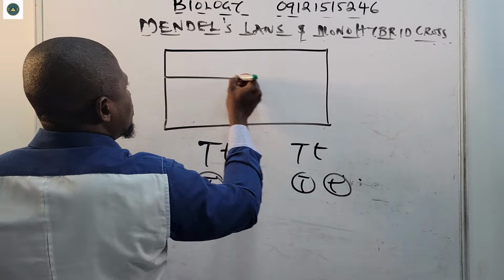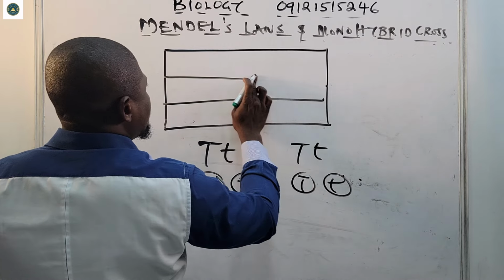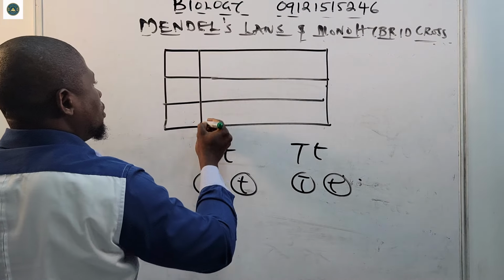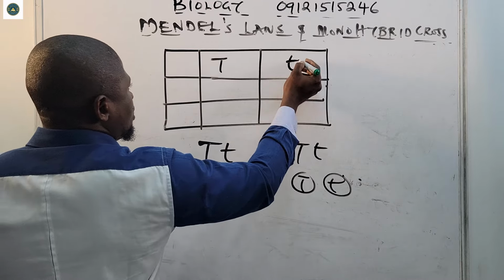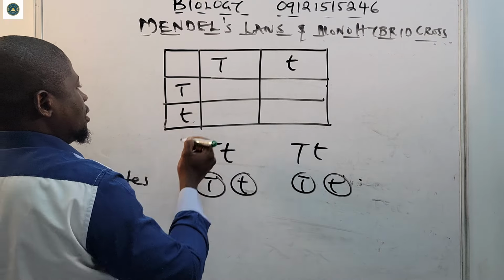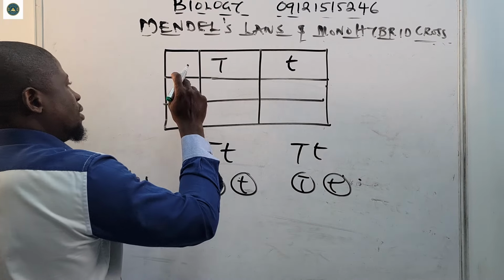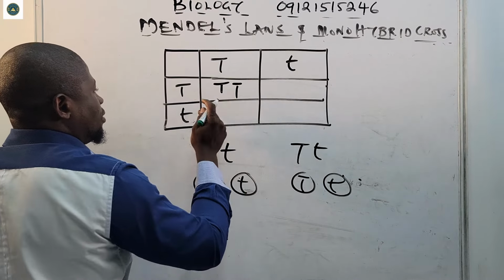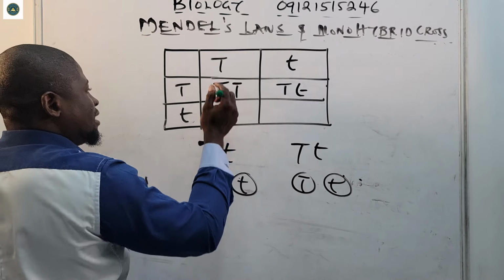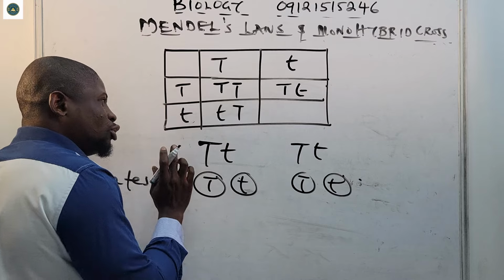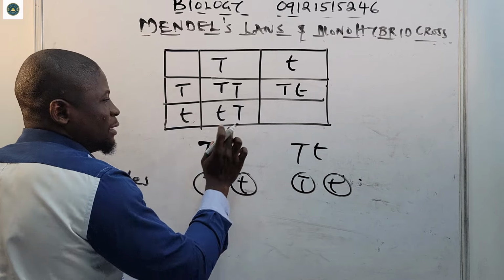All right, so do not mind my diagram. All right, so now it took what is T, isn't it? And what? T. Okay, now, so you know how to use a Punnett Square. This time this is T, then this times this is T. Okay, but like I told you, don't write the recessive first before the dominant.